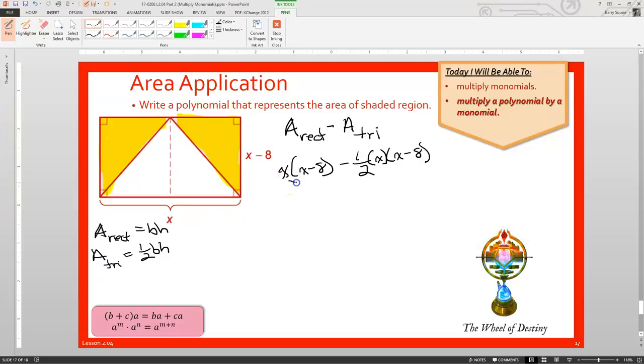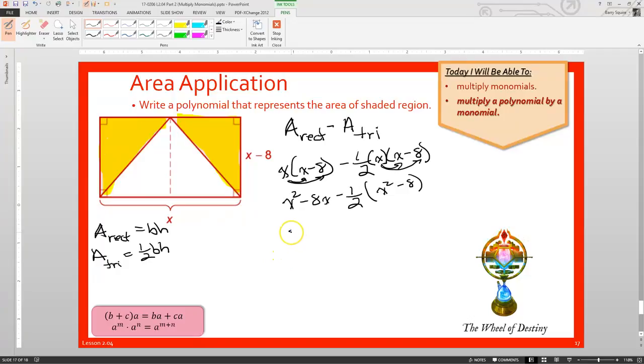So distribute. So we've got x squared minus 8x, then minus 1/2 times, let's distribute, x squared minus 8.